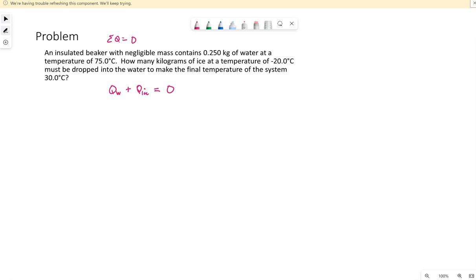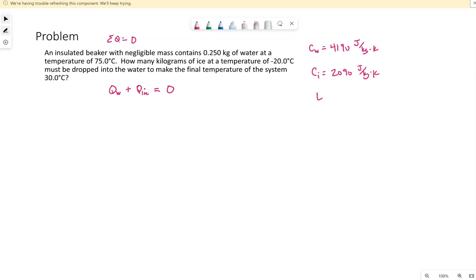All right, so from the test notes, we know C of water is 4190 joules per kilogram Kelvin. C of ice is 2090 joules per kilogram Kelvin.